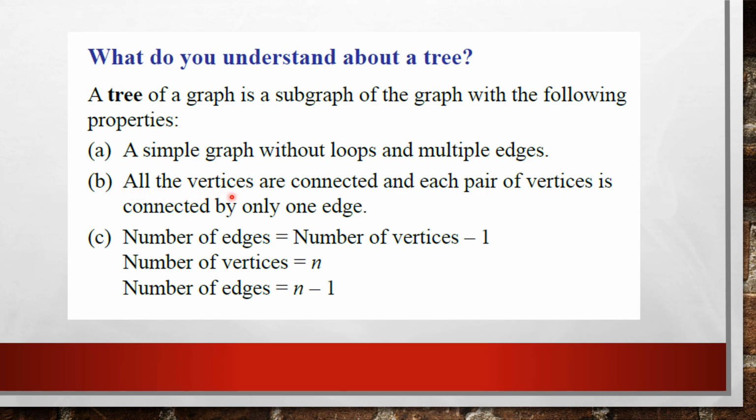Second, all the vertices are connected and each pair of vertices is connected by only one edge. And the next one, the number of edges is equal to the number of vertices minus 1. If the number of vertices is n, then the number of edges will be n minus 1.